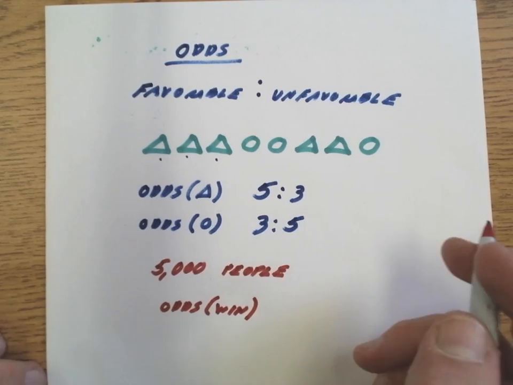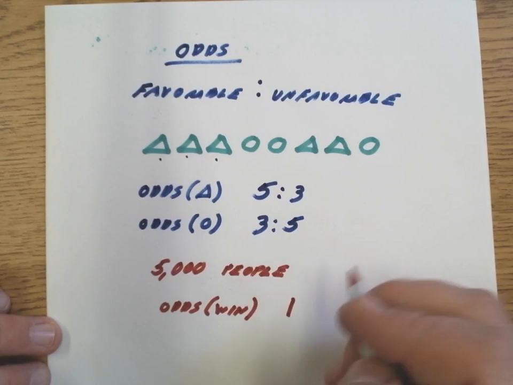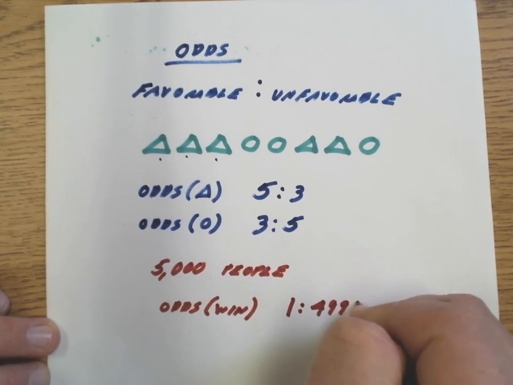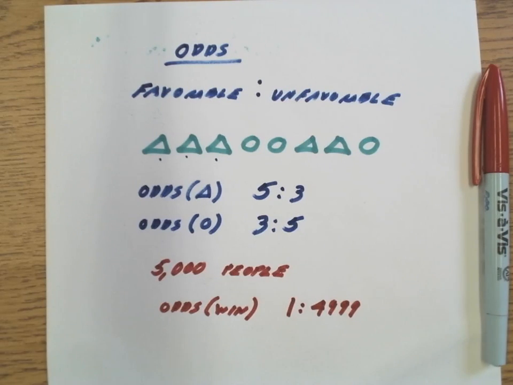Well, the odds are one person out of those 5,000 will win compared to the 4,999 people who will not win. This is probability with a little touch of odds. Probability is, again, the chance of an event happening, and odds is favorable versus unfavorable outcomes.